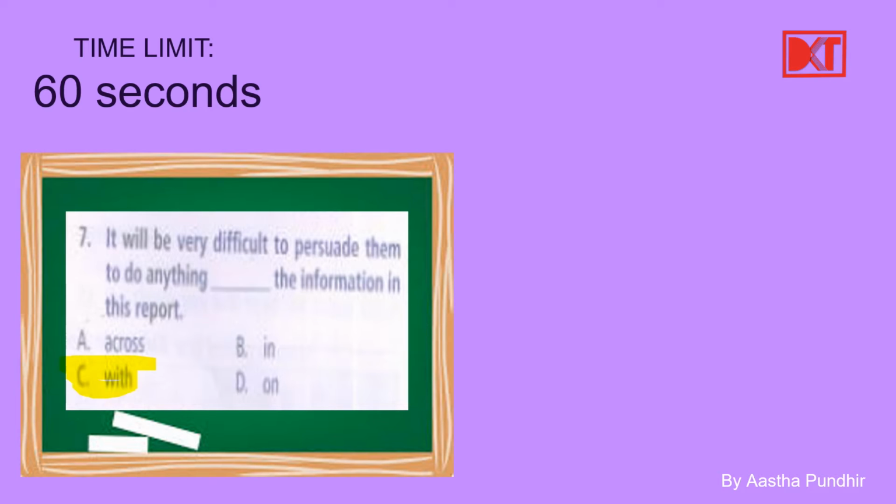We use with when we are talking about certain togetherness. Here we have: it will be very difficult to persuade them to do anything with the information, which means that if you have given them the information, so together with this information, it will be very difficult to persuade them to do anything.